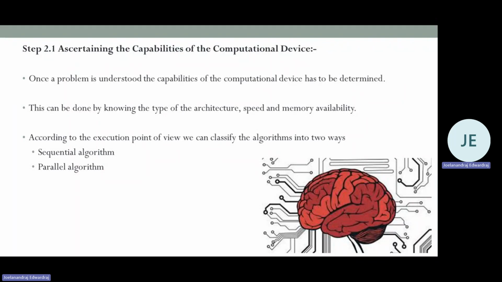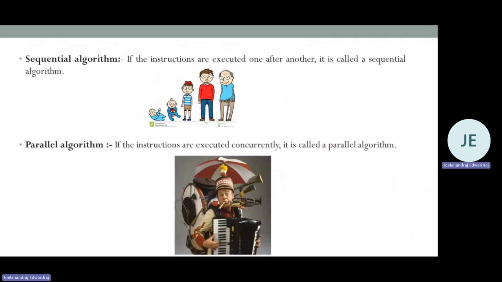Any guess how it will happen? Sequential algorithm, parallel algorithm. What is sequence and parallel? If the instructions are executed one after the other. Do this. Once it is completed, do next. Do next, like that. That's what sequential algorithm is, right?